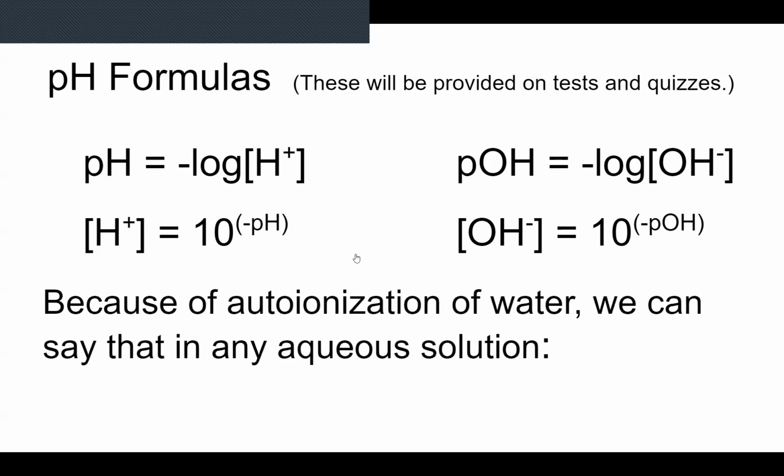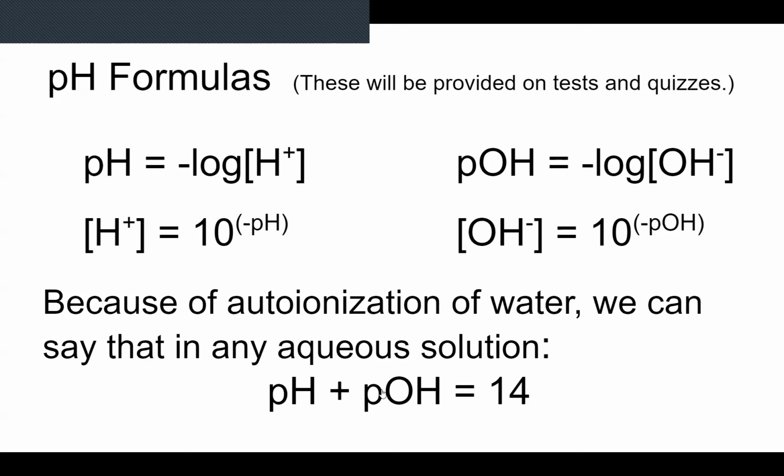Now, back to that one equation. If the concentration of hydrogen times the concentration of hydroxide in a water sample is always the same number, 10 to the negative 14th, if we take the negative log of each term in that equation, we arrive at this. The negative log of hydrogen is pH. The negative log of hydroxide is pOH.